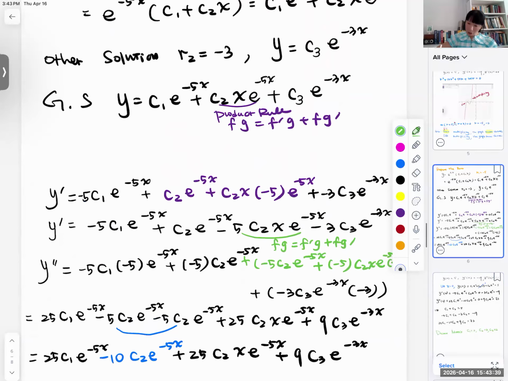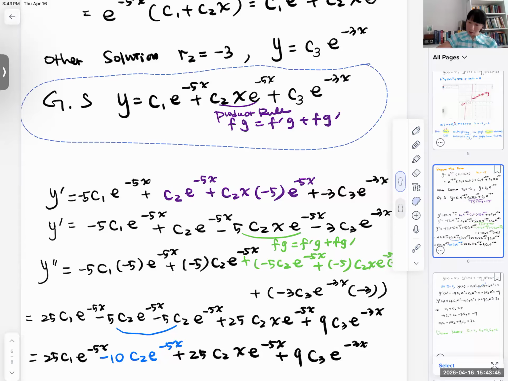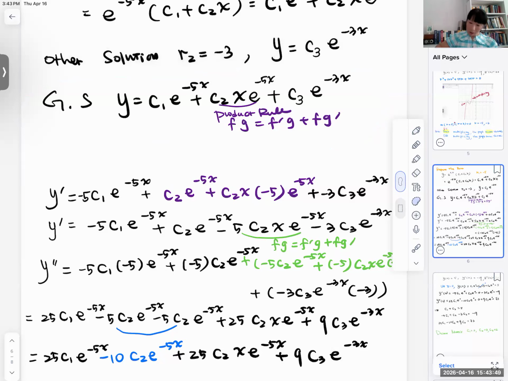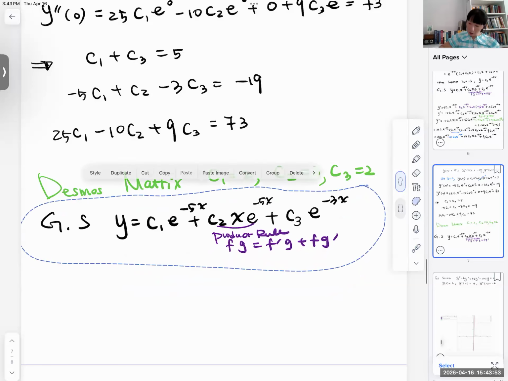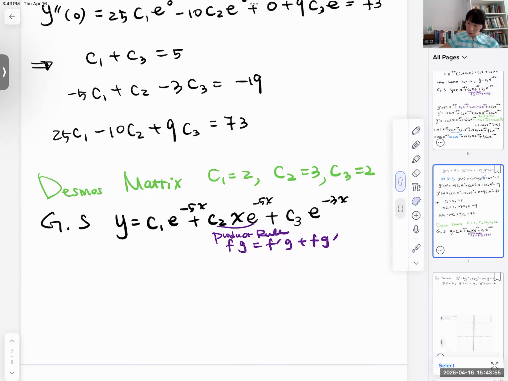so from the general solution, right? Let me copy. So like here, general solution. And let me erase this one later.